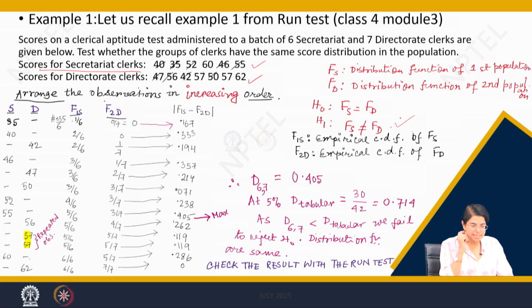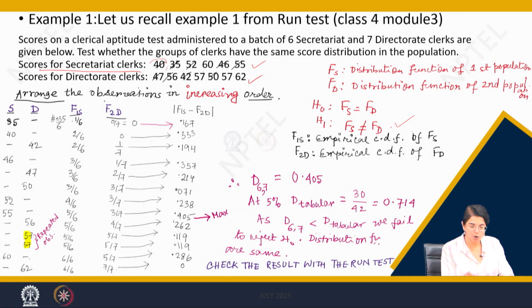So how to do this? A special technique of writing the problems is needed. Arrange the observations in increasing order. So what is the observation in a combined sample? Okay, you see how I have written here. The smallest observation is 35 and which is coming from S. Then which one is the second smallest?